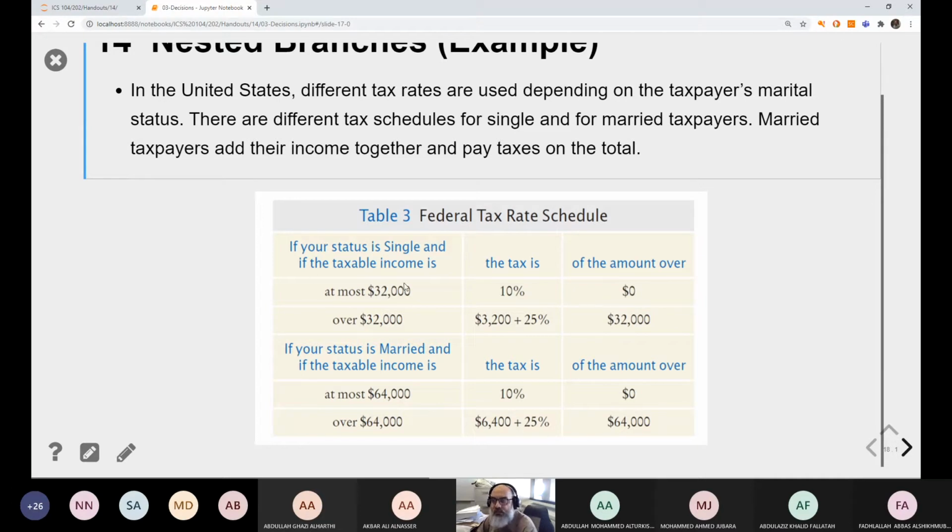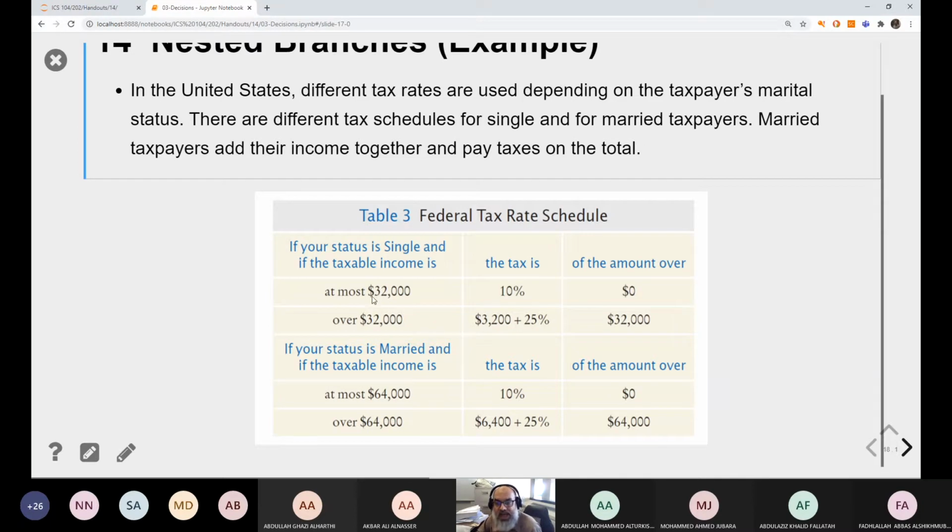The first thing that we need to check is whether the person's status is single or married. So how much does he pay in that case? Well, it depends on his amount of income.